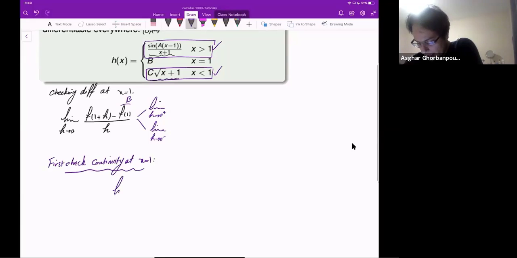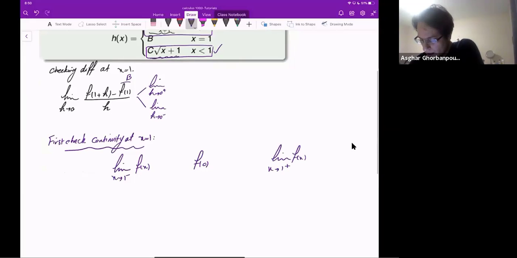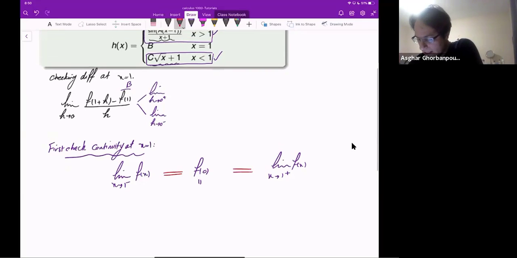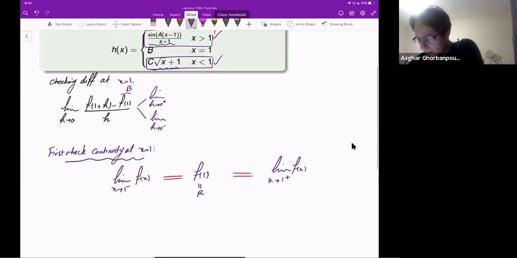So here, we have to check the limit of the function as x goes to 1 from the negative side, and the limit of the function as x goes to 1 from the positive side. These must equal f at 1. f at 1 is given here; the formula is equal to b.